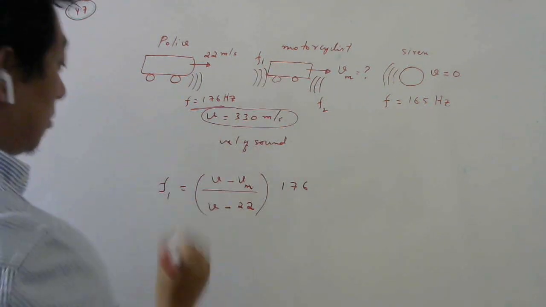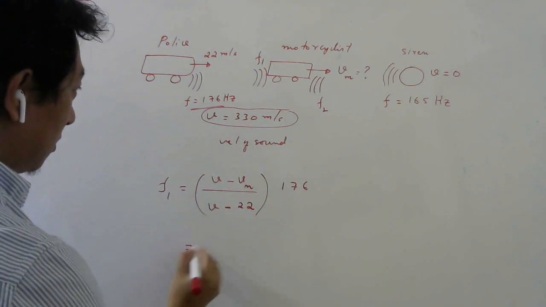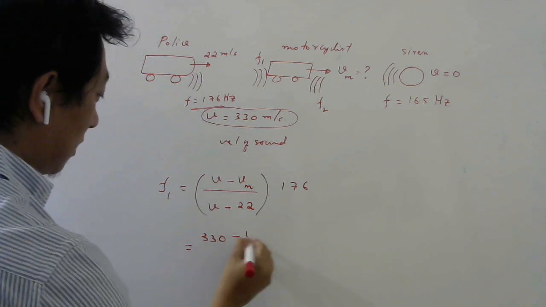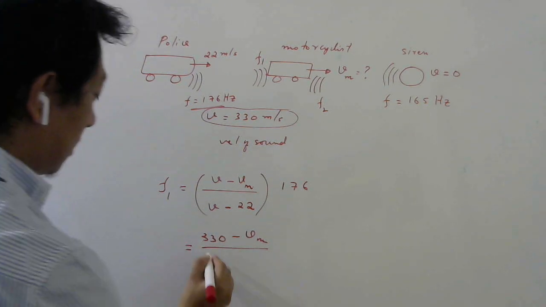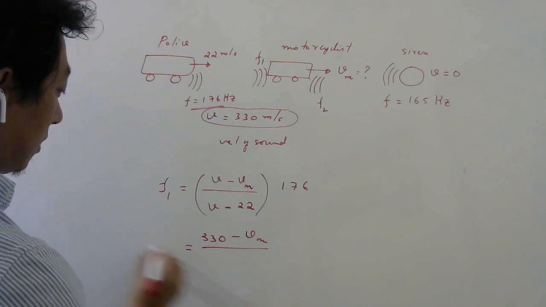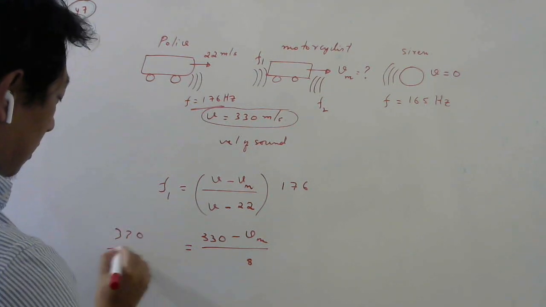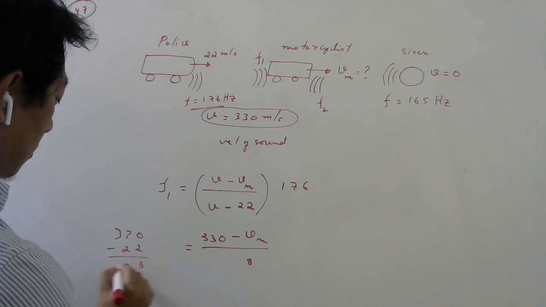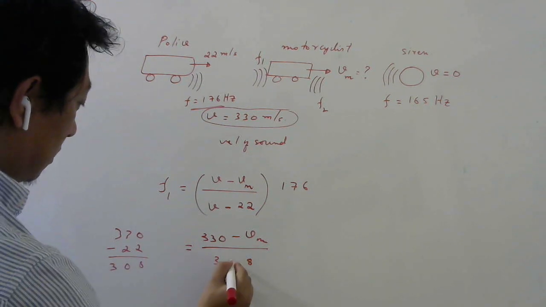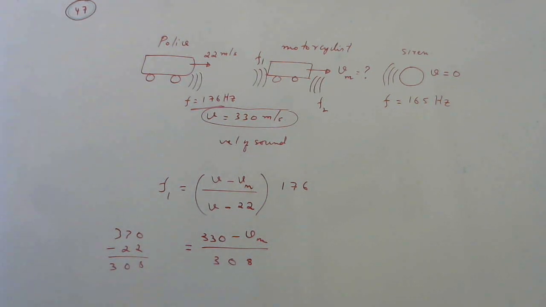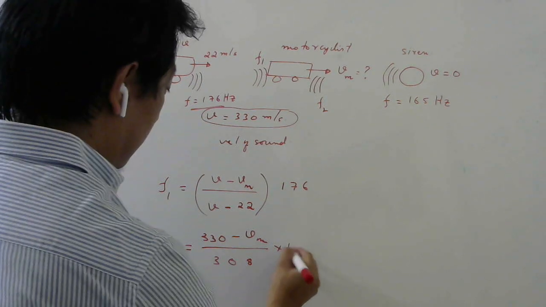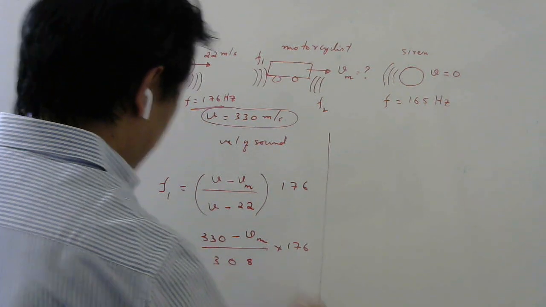We can substitute now: 330 minus Vm divided by 330 minus 22, which is 308, into 176. That is your f1.